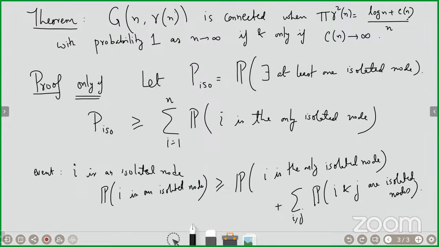But why am I doing this? That's the question. I want really to control this probability. What will I get by doing all this?